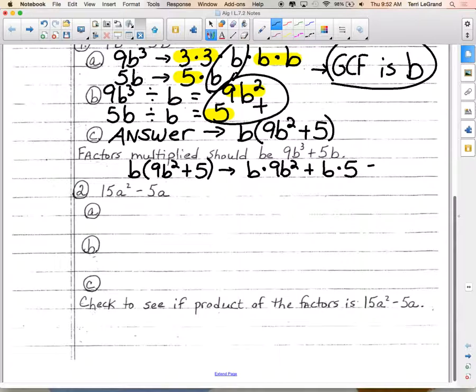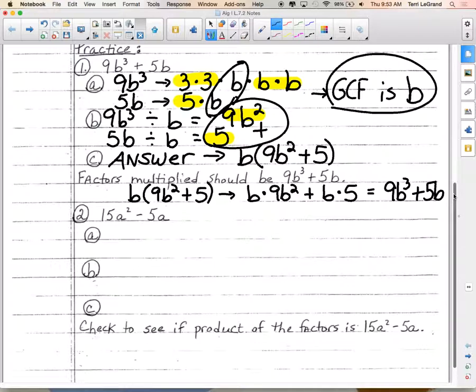We better not have a different polynomial in the end. So we started with 9b cubed plus 5b, and when we multiply it back out, we end up with 9b cubed plus 5b. So again, our answer is b times the quantity 9b squared plus 5 in parentheses. That is the factored name for that polynomial.